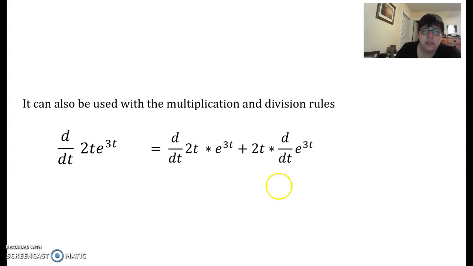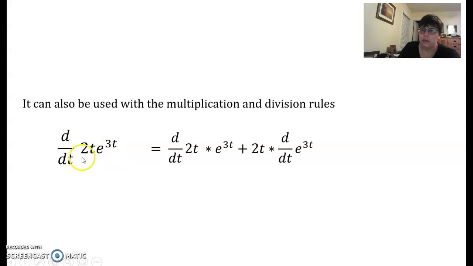And this is my last example. So we just say the derivative of the first, this is the product rule, okay. Derivative of the first times the second, plus the first times the derivative of the second. And I did not write multiplication here because it's not always necessary. In this type of equation, it is understood that it's 2 times t times e.